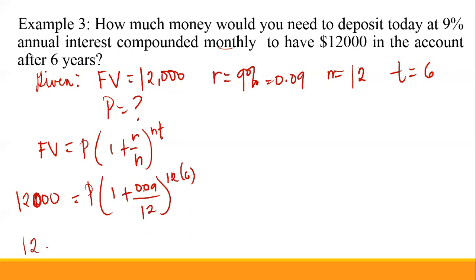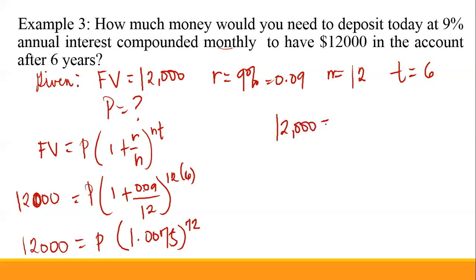So, 12,000 equals P times 1.0075 raised to 72. Okay, so the product of 12 and 6 is 72. Next is, so 12,000 is equal now to P times 1.7125527007. So, lagay lahat natin yung digits, okay?